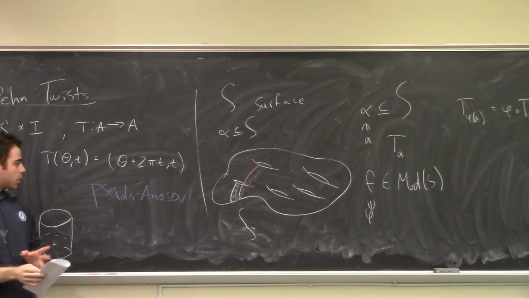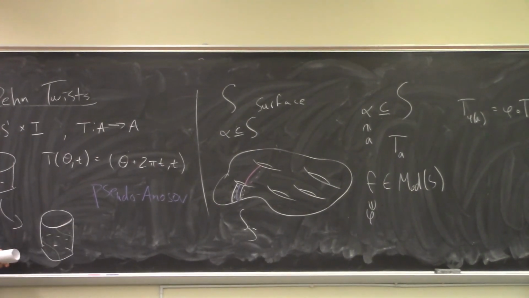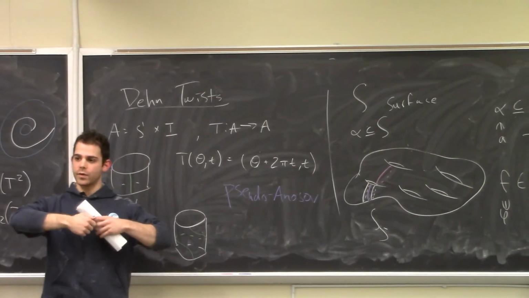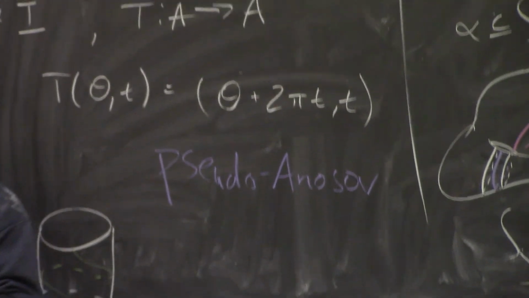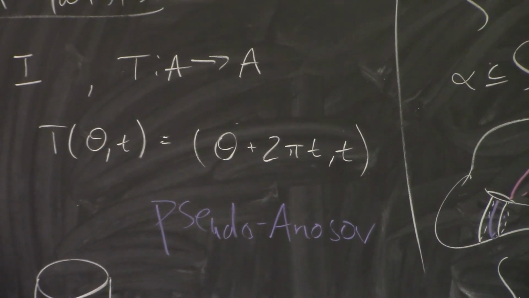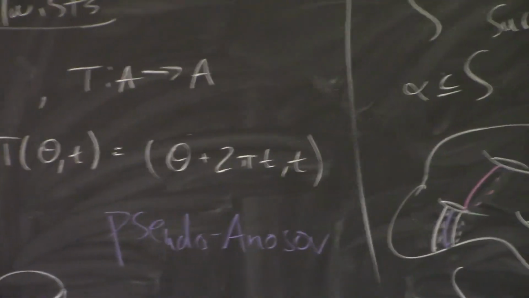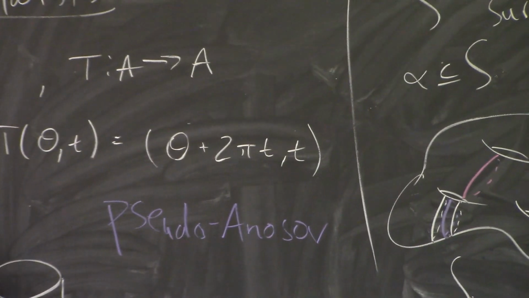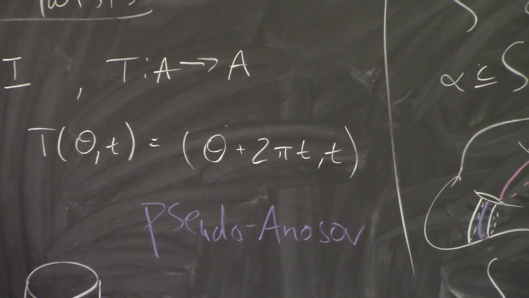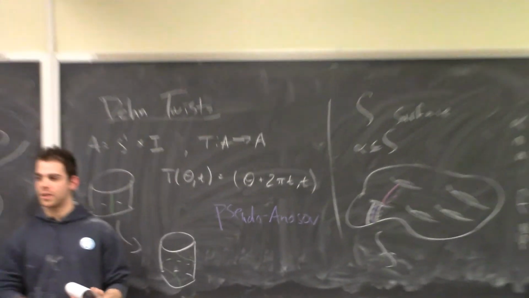For pseudo-Anosov, you need to have a foliation on your surface, and what this is telling you is that these mapping classes stretch the foliation by lambda in one direction, say horizontally, and by lambda inverse vertically. For the torus, you actually get a lot more structure, and the pseudo-Anosov thing is really an Anosov map. But there is a decomposition for mapping classes of an arbitrary mapping class group.